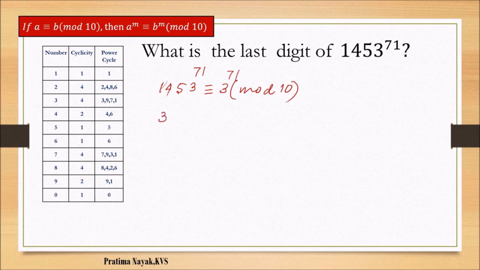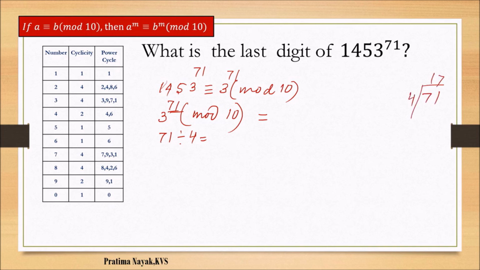So now 3 raised to the power 71 modulo 10, we'll see how many cycles it will complete. How to get it? 71 divided by 4. Quotient is 17 and remainder is 3.